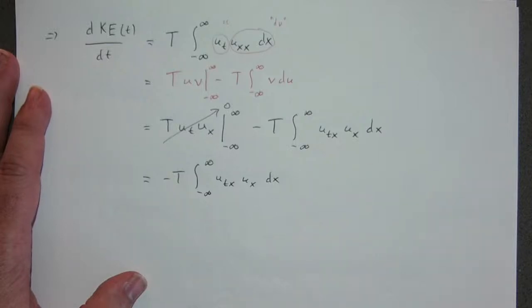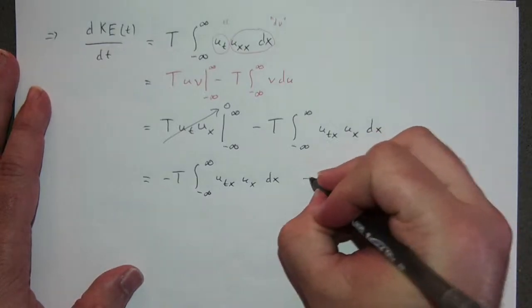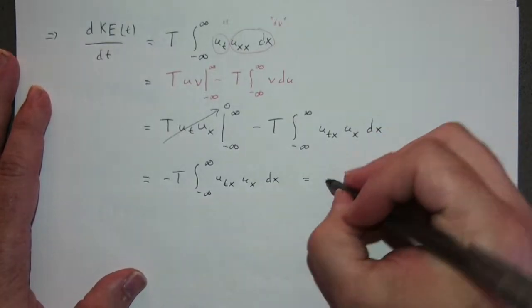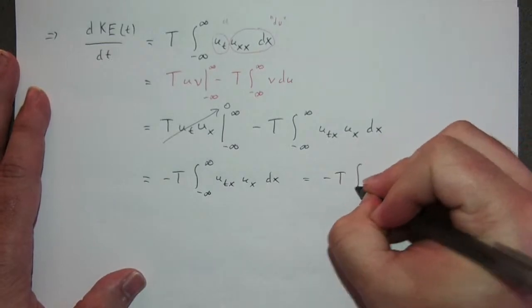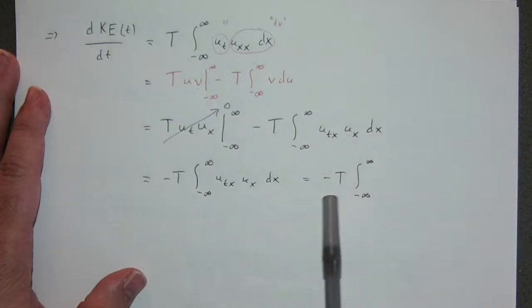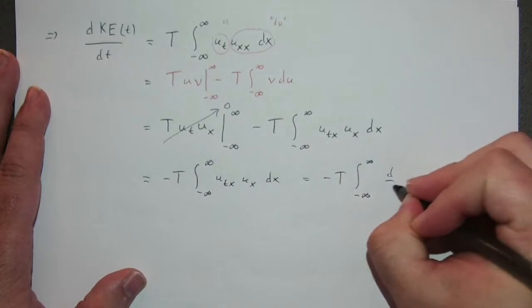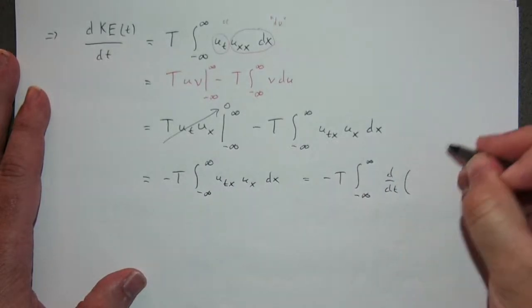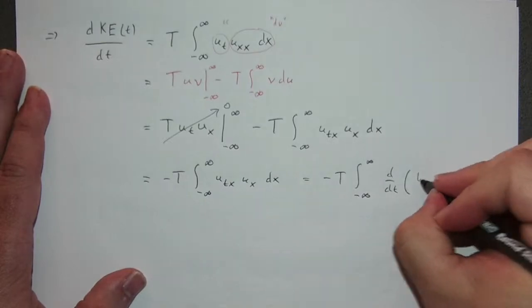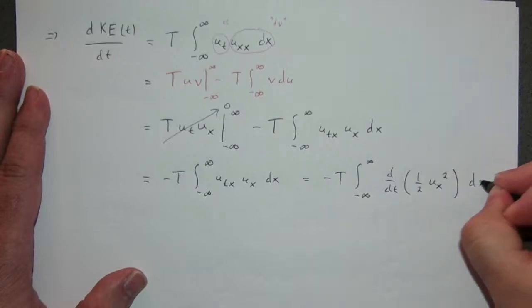Because we were able to see ahead, and we were able to see, wait, what is this really? This is really the same thing as minus t times the integral from minus infinity to infinity of, this expression is the derivative with respect to t of 1/2 u sub x squared dx.